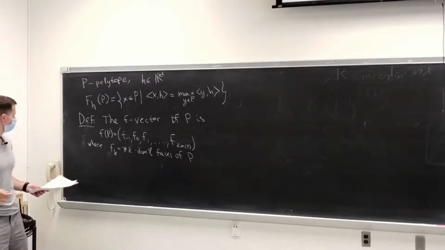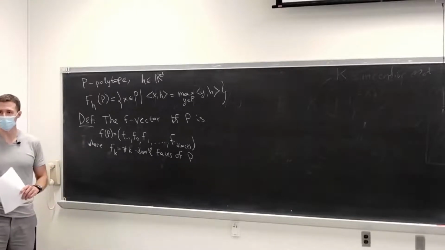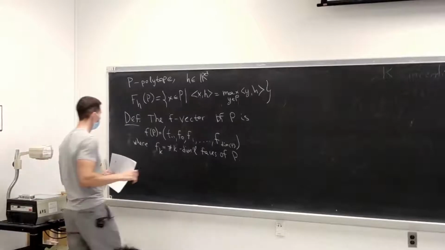You start with a polytope and you get a sequence of positive integers.